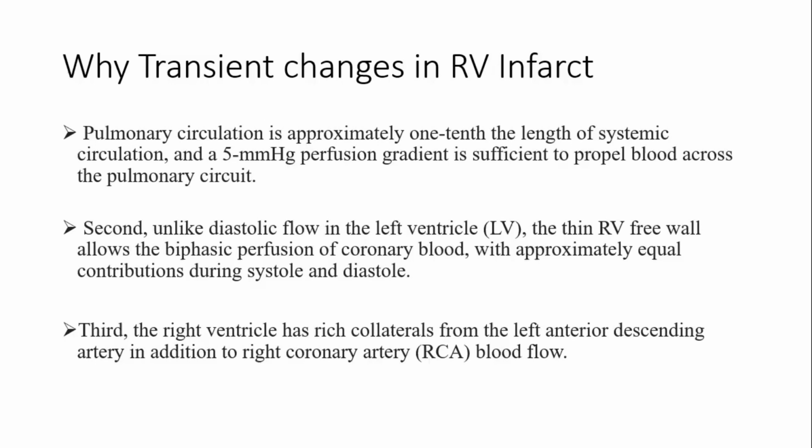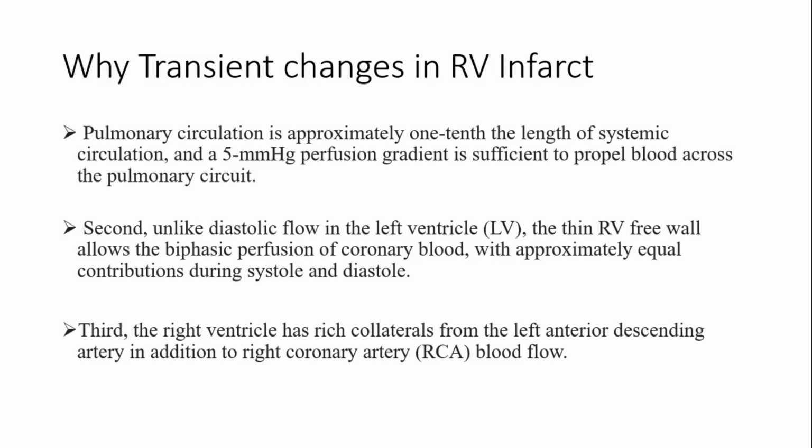The third point is that they have rich collaterals, from the left anterior descending artery in addition to the right coronary artery. So the collaterals save them, and they are perfused from these collaterals. These are the three reasons mentioned in the studies and literature which might explain the transient changes.